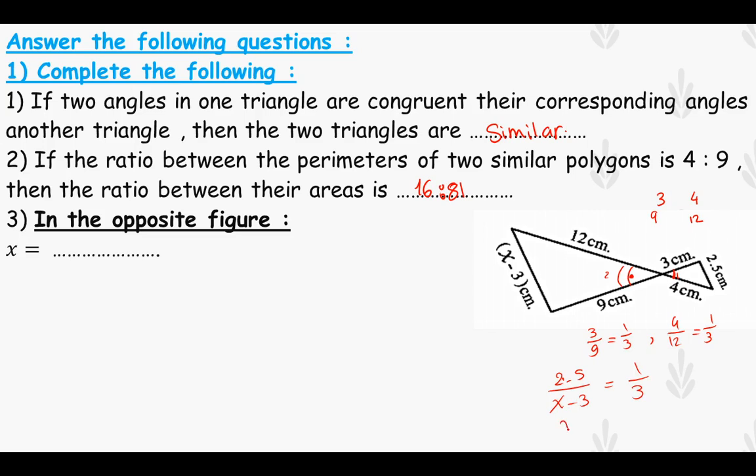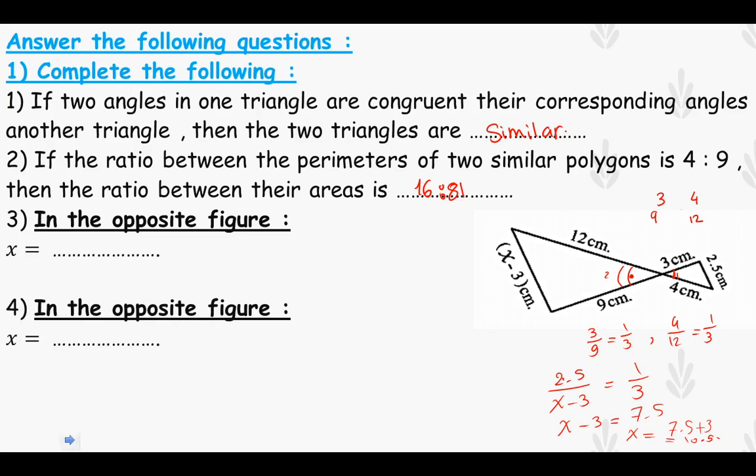Cross multiplication: x minus 3 multiplied by 1, which is x minus 3, equals 3 multiplied by 2.5, and 3 multiplied by 2.5 equals 7.5. Negative 3 goes to the other side, so x equals 7.5 plus 3, which equals 10.5. So x is 10.5.